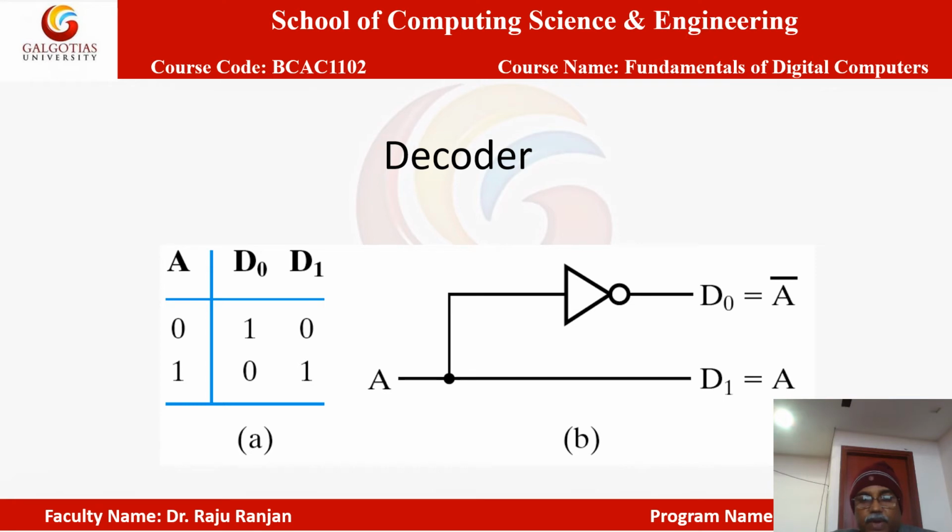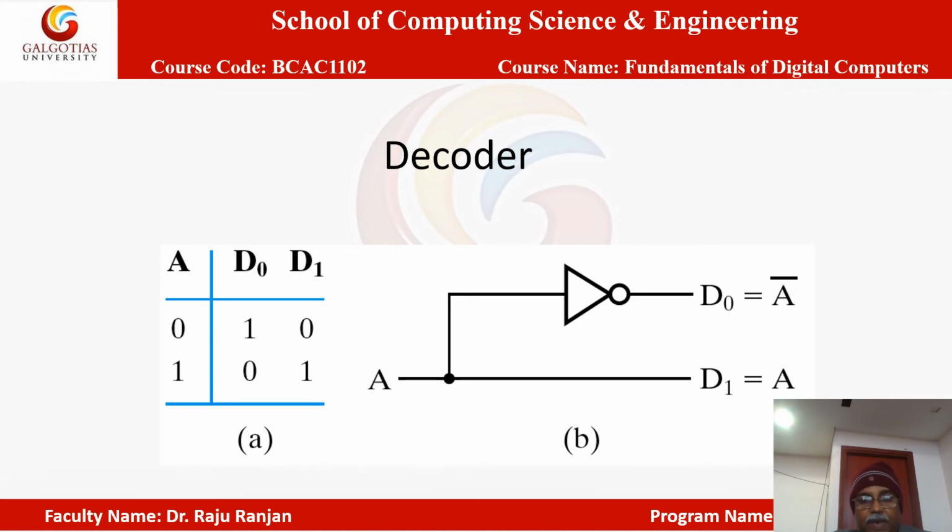When 0 passes through this inverter circuit, it becomes 1, the complement of 0. So D0 will be 1, the complement of A, and D1 will be 0 when the input is 0. You can see in the truth table, when input is 0, D0 is 1 and D1 is 0.